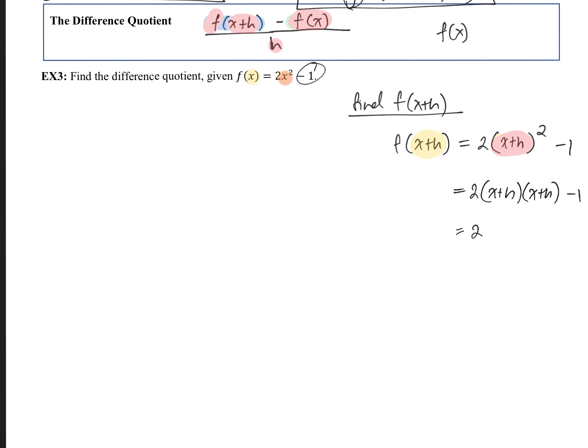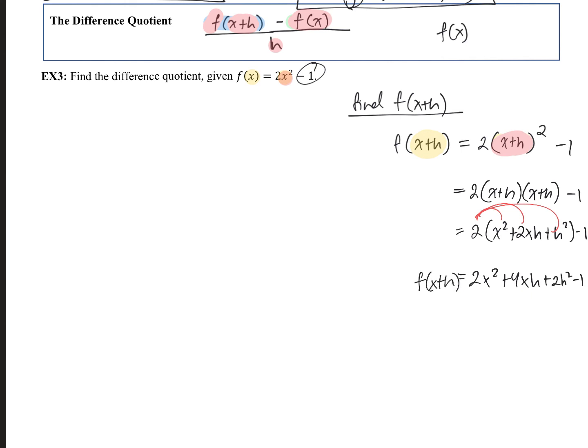So that'll be 2 times x squared plus 2xh plus h squared minus 1. Let's distribute in that 2. It'll be 2x squared plus 4xh plus 2h squared minus 1. Okay, so that is f of x plus h.